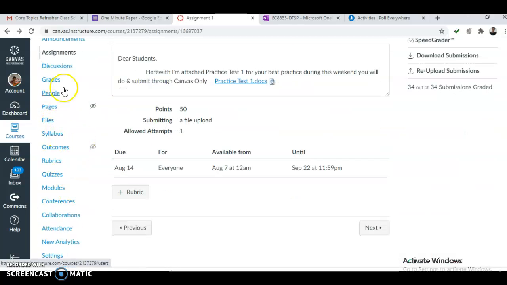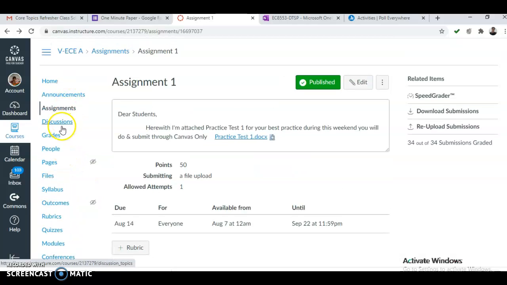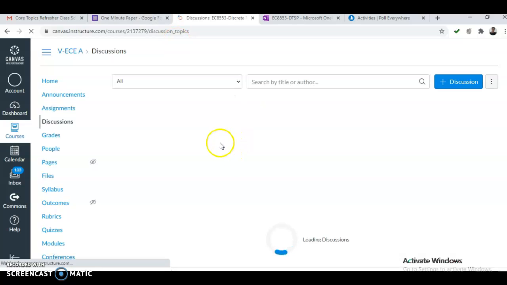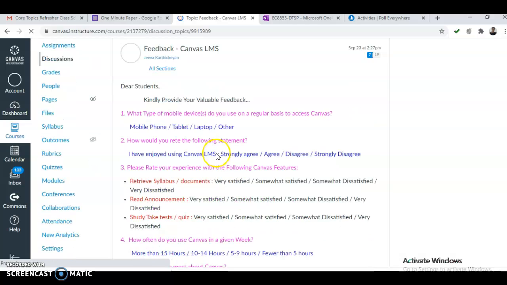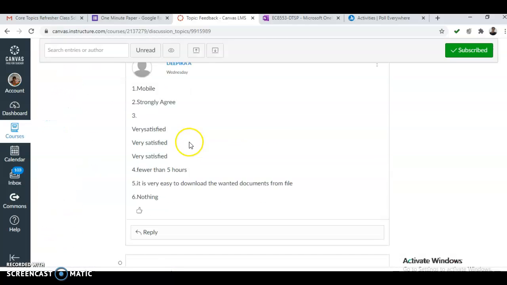So these are my Canvas LMS. Then in another discussion, I asked about the feedback and testimonials of this Canvas LMS. I sent a set of questions about this Canvas LMS feedback, and the students replied.